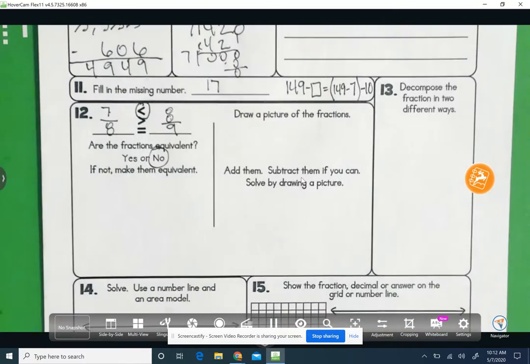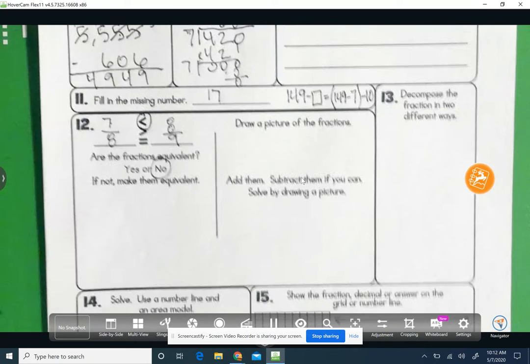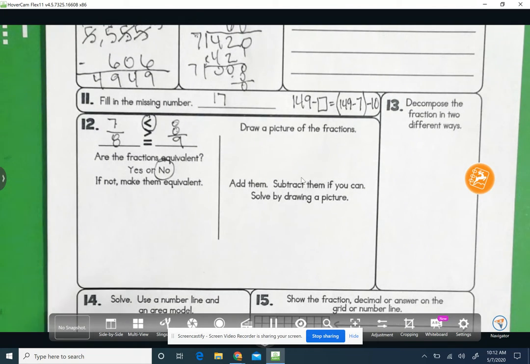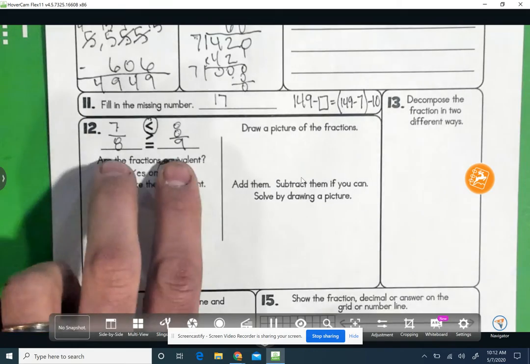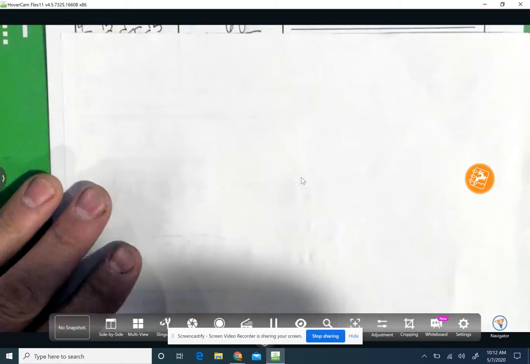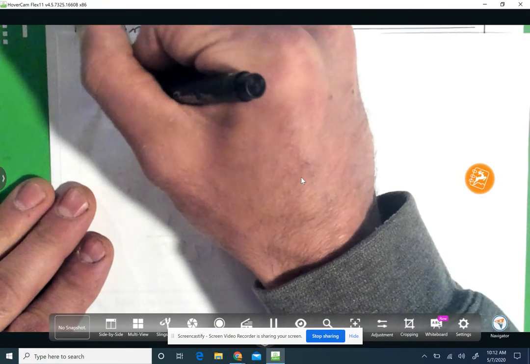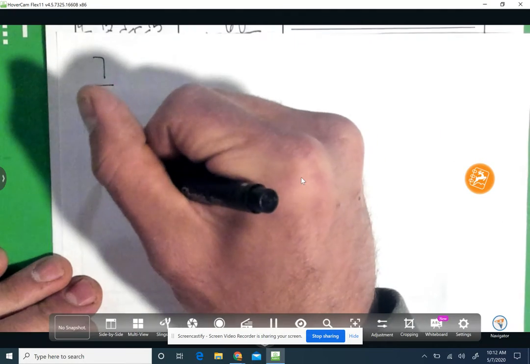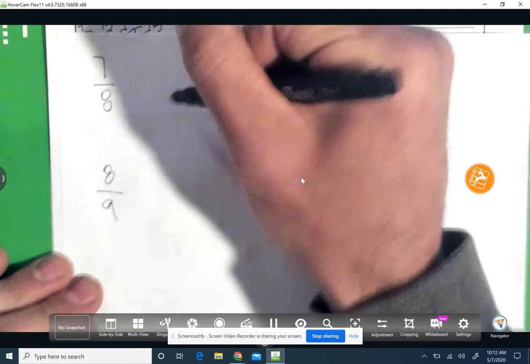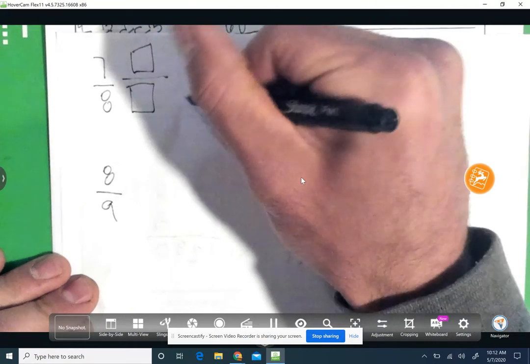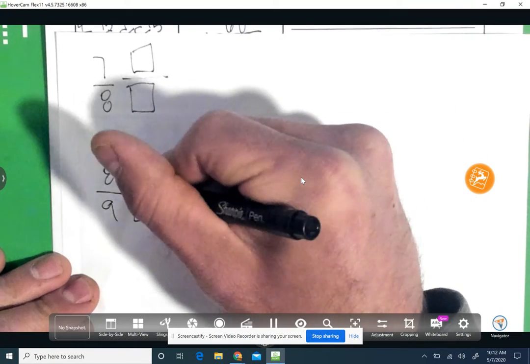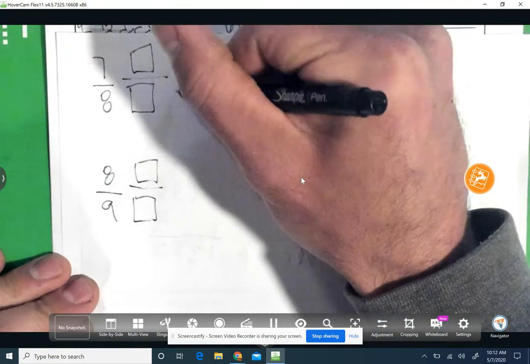We need to make them equivalent. This is where we have to use least common multiple. And we're going to use least common multiple so that we can get our denominators to be the same. So we have 7 eighths and we have 8 ninths. We're going to list the multiples of 8 and 9.